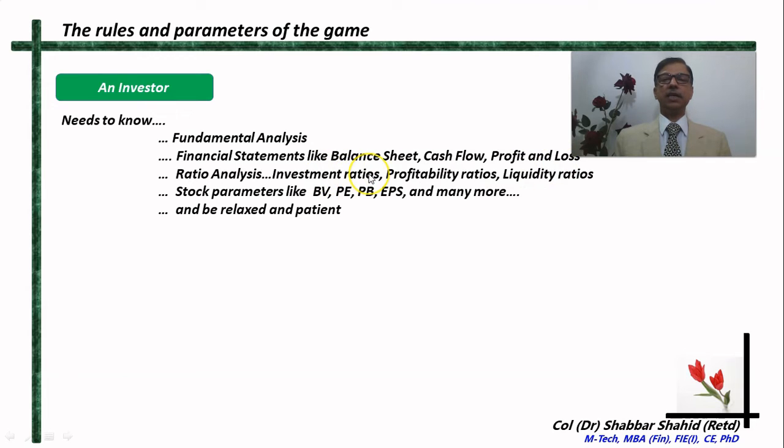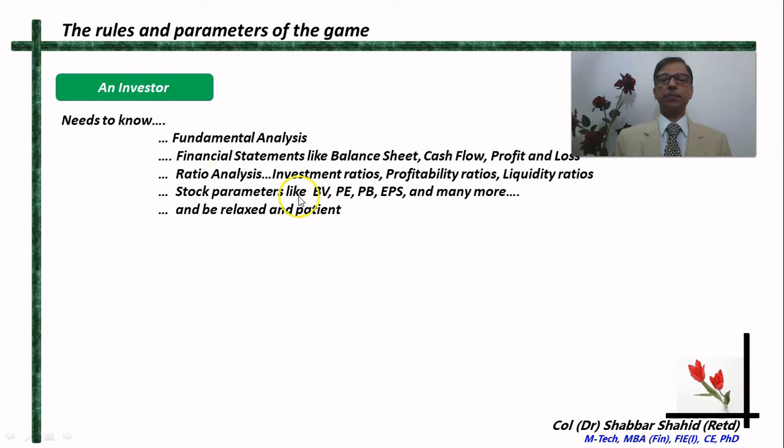These things reveal a lot of information about the company, financial information, and you should know how to read and understand these financial statements. Then you also need to know how to do some ratio analysis, the investment ratios, profitability ratios, liquidity ratios. All these are the terms which you would need to get familiar with, and you need to understand those things if you want to become an investor.